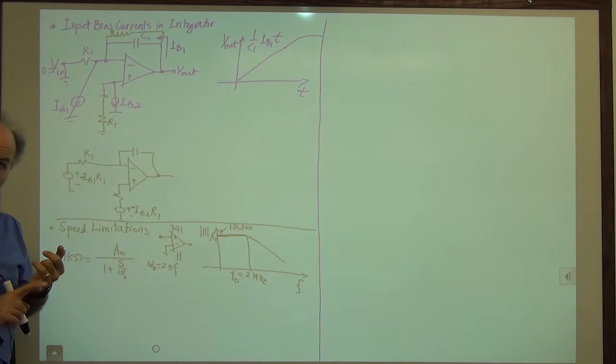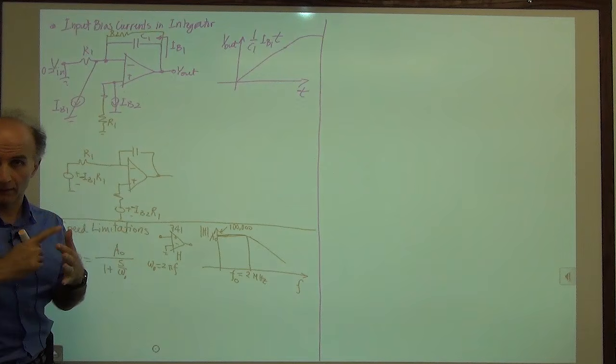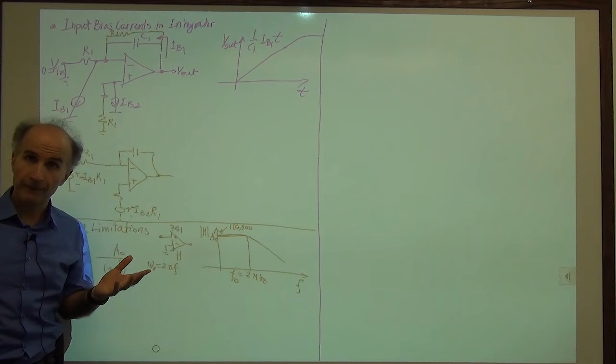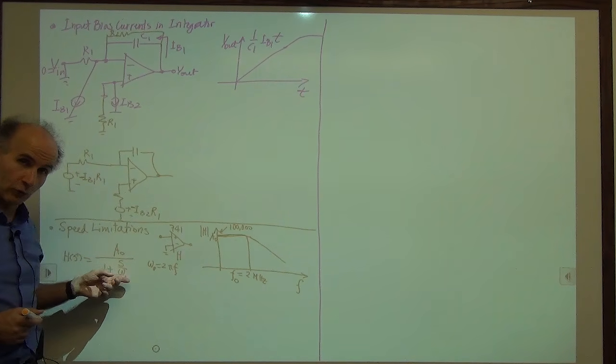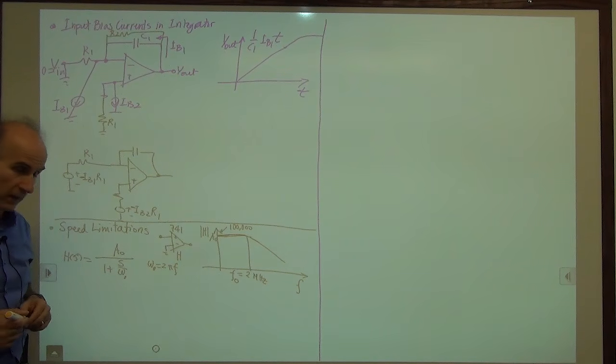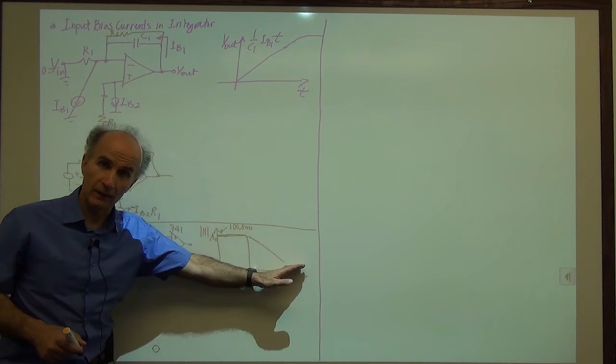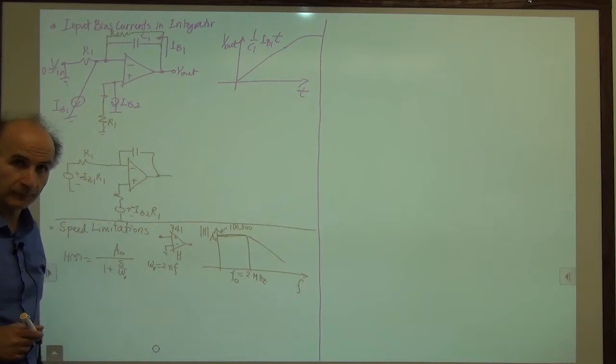We had the non-inverting amplifier, the inverting amplifier, the buffer, the integrator, differentiator, all of those things, right? So for all of those, we have to go back and re-examine the results, knowing that omega 0 is not infinity. This eventually rolls off.